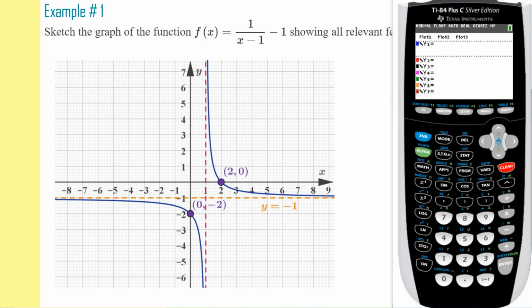So how I would type this into my calculator is I would do this part, 1 divided by, well, I'm putting it in parentheses, but the denominator's got a lot going on, so I'm going to put another set of parentheses. So x minus 1 for the denominator, and then a second set of parentheses to contain the fraction. Then we're going to take that fraction and subtract 1. And then just in case my window is weird from before, I'll do zoom standard.